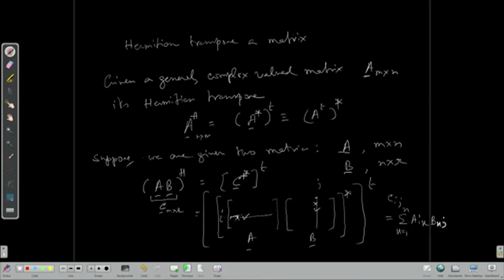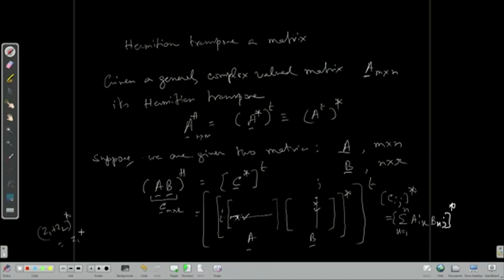So, if I want the star, you have to conjugate every element of C. So, the i comma jth element of C also is to be conjugated. If I want to conjugate it, you have to conjugate this. But you know, the conjugate of a summation: if I give you two complex numbers Z1 plus Z2, if you sum and then conjugate, it is the same as first conjugating and then summing.